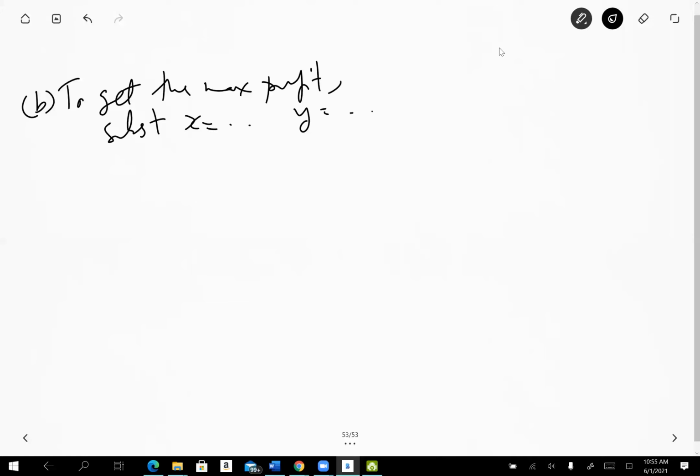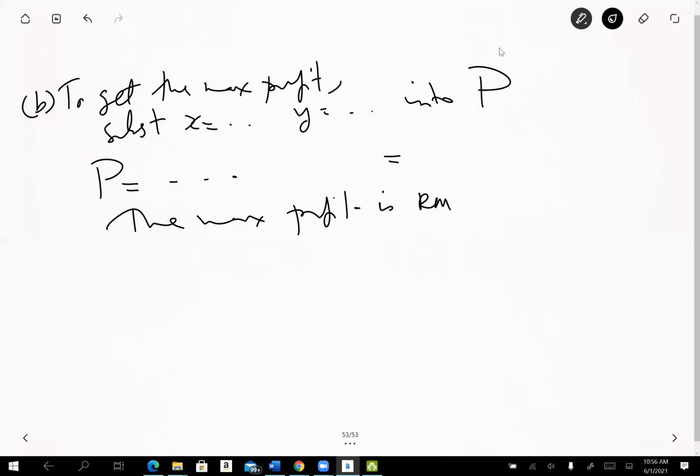So part B, to get the maximum profit, substitute X equal to whatever tadi, Y equal to whatever you get tadi, into P. Okay, not P prime. So P equal to, put into the numbers, then you will get the value. So that will be the maximum profit. So you say the maximum profit is whatever RM. All right, so that is part B.